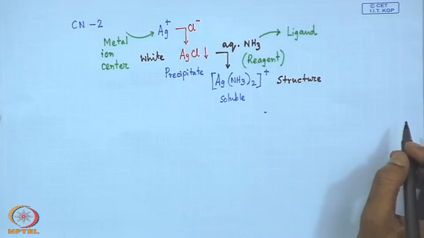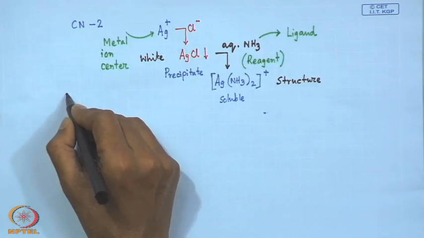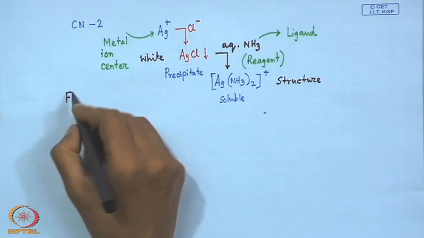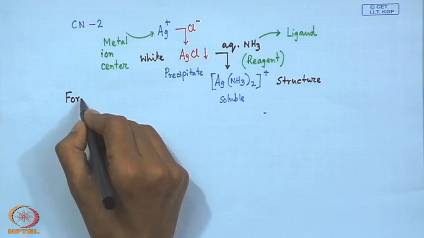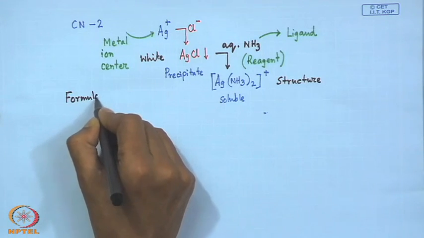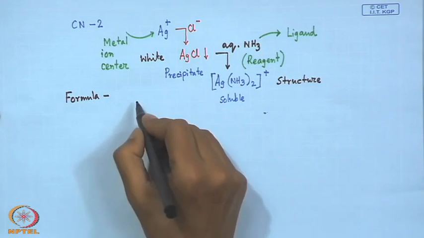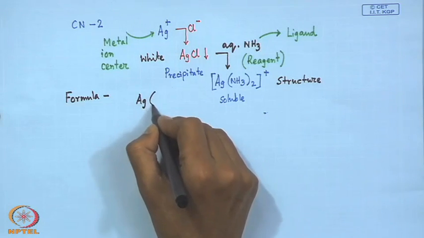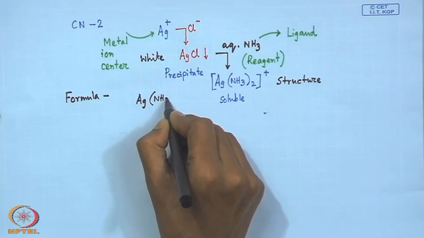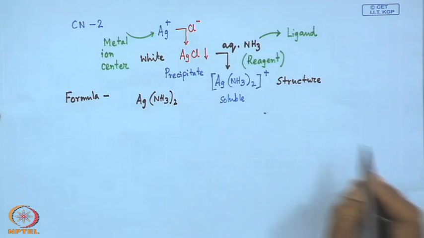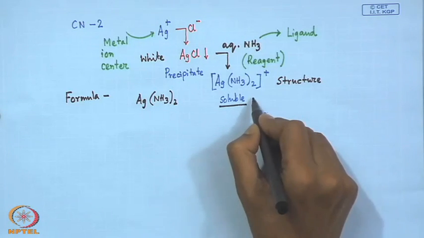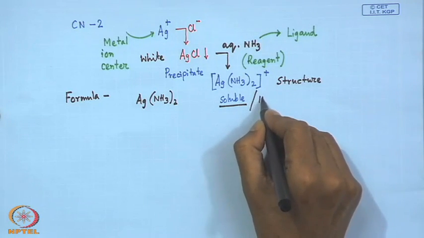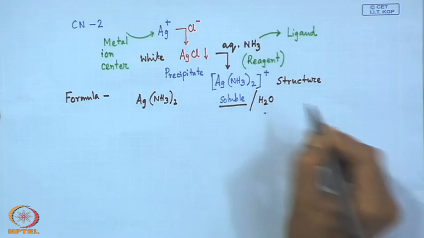That is very important. First of all, we should precisely know the formula, that silver has only the ammonia in its environment, because it is soluble and we have plenty of water molecules around.